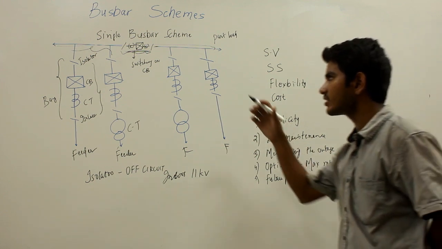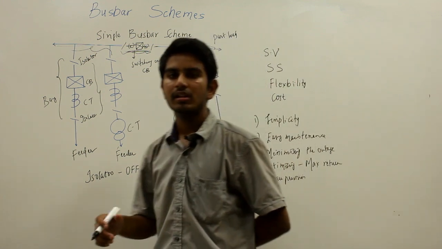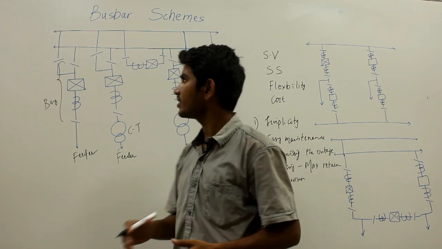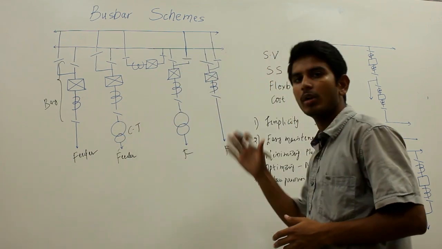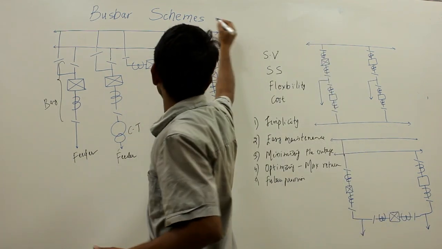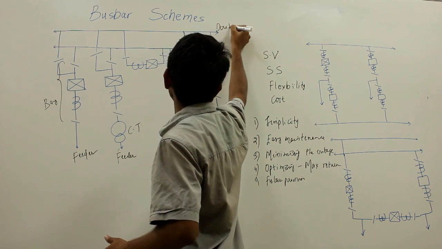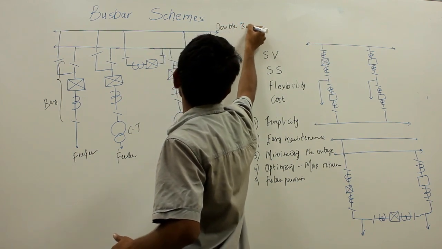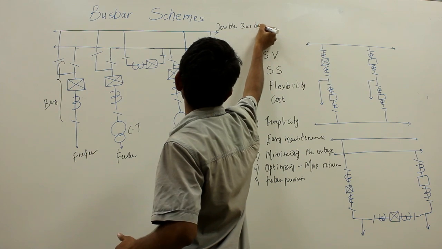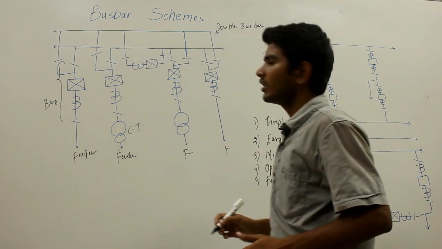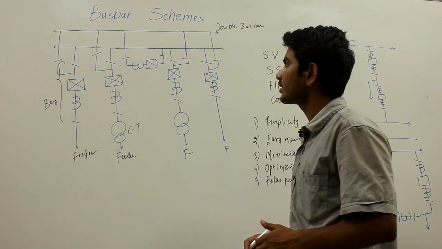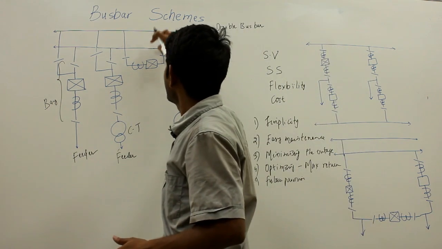So now let us next proceed to the double busbar scheme. So this is the diagram of your double busbar scheme. In a double busbar scheme, two identical busbars are used in such a way that the outgoing or incoming feeder can be taken from any of the two buses.